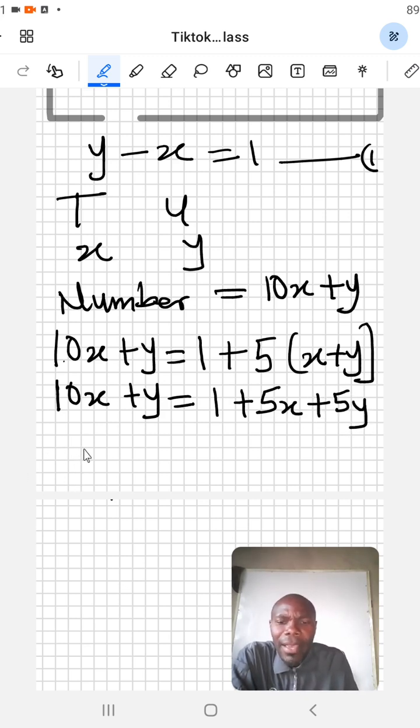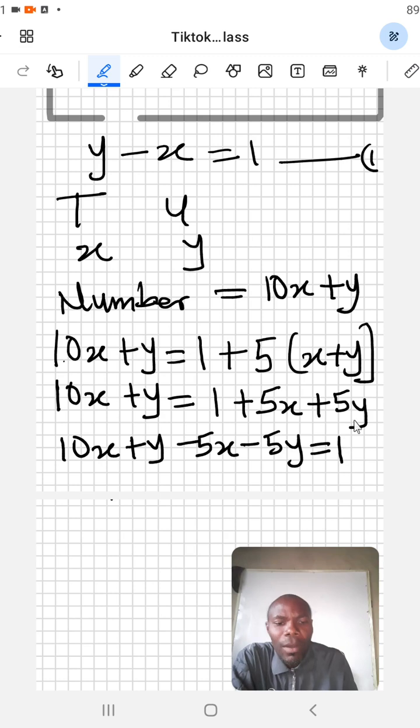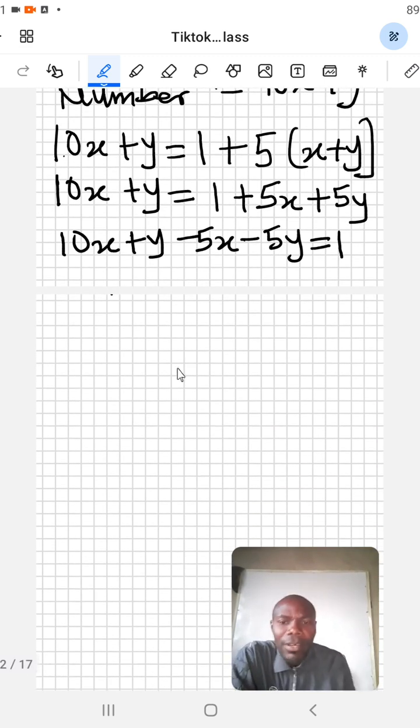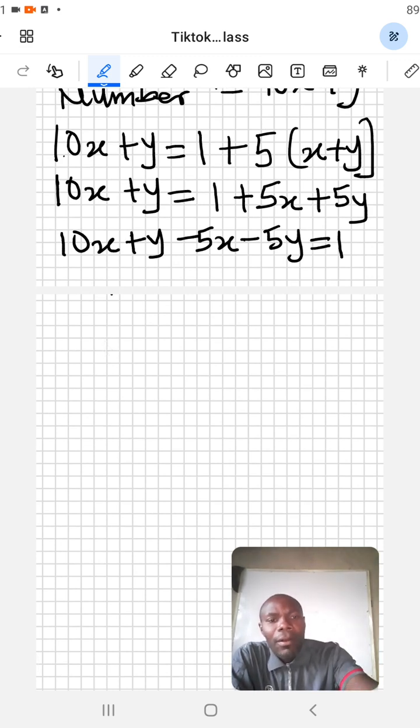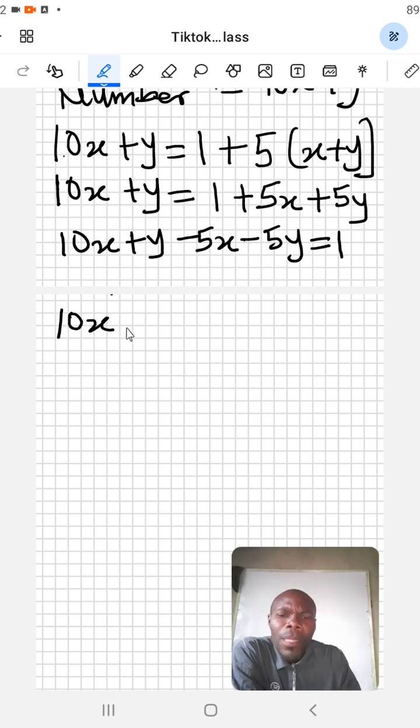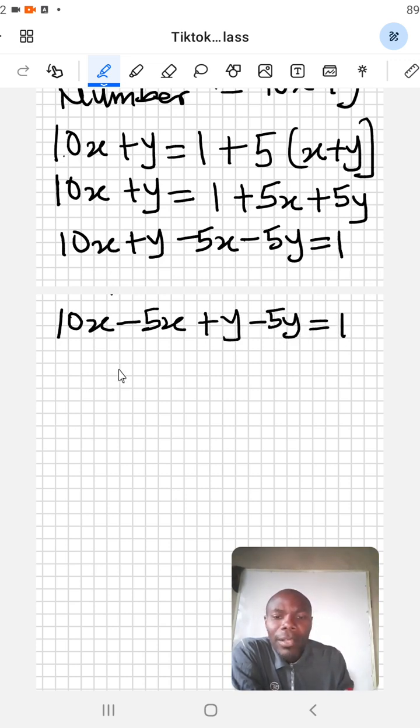From here, we have 10x plus y minus 5x minus 5y is equal to 1. Let us rewrite this to collect like terms: 10x minus 5x plus y minus 5y is equal to 1.